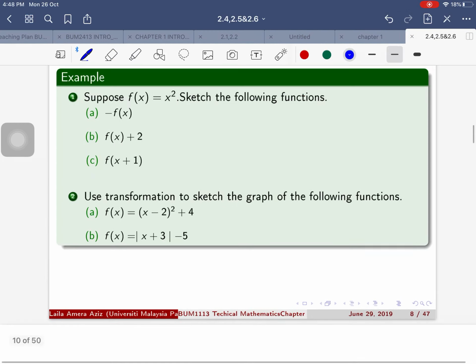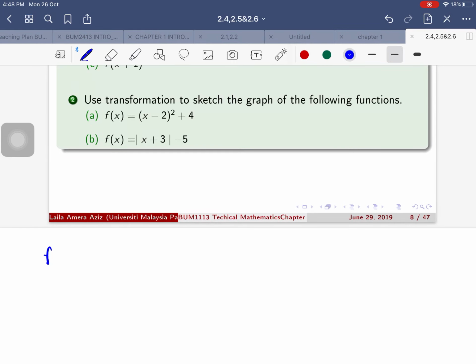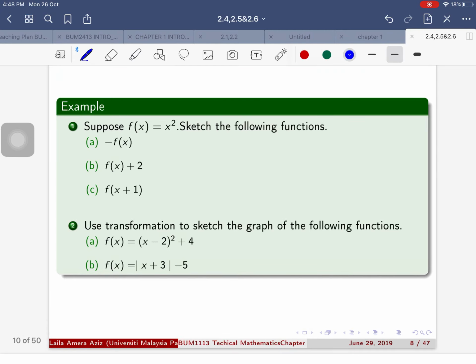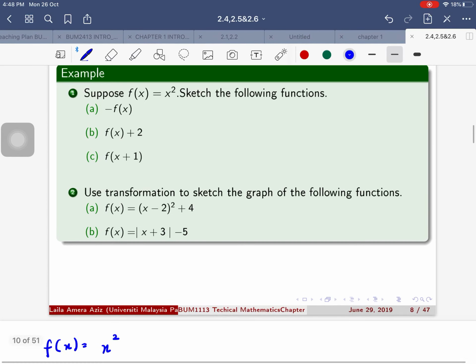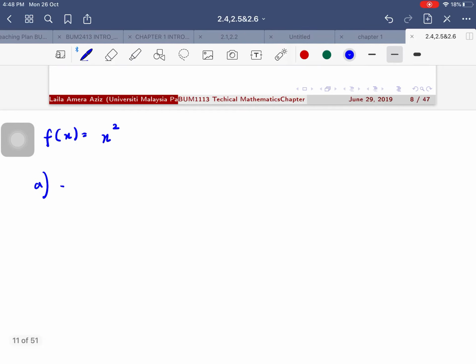So I started with a function of f of x equal to x squared. I'm going to change this now. I'm going to find what is going to be f of x equal to negative f of x. So let's start with the basic one, which is f of x equal to x squared.